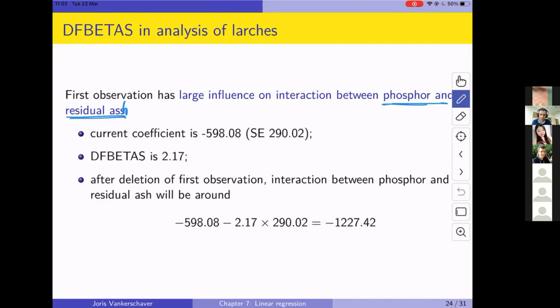In our full model, we found, and you can look at the model building step previously, we had a coefficient of about -600. And from the regression output, we also had a standard error for that parameter of 290.